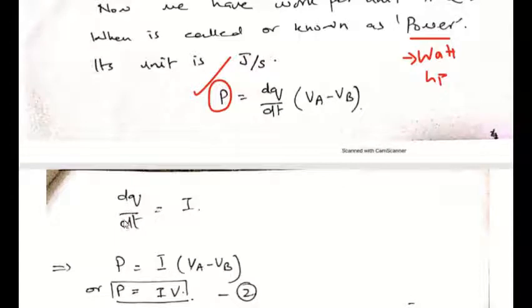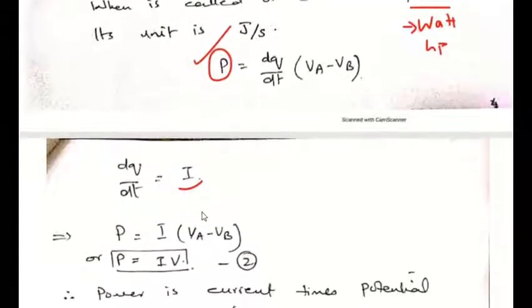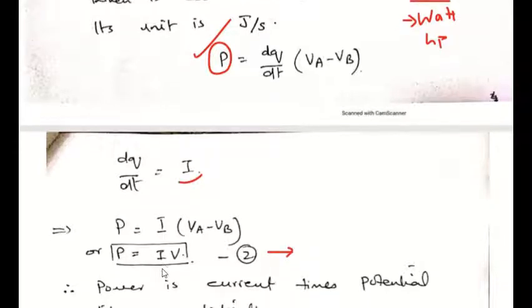We also know that dQ over dt is equal to current, and P equals I times (VA minus VB), which may be written as V, or delta V. And this is how the equation is written for power, that P equals IV.